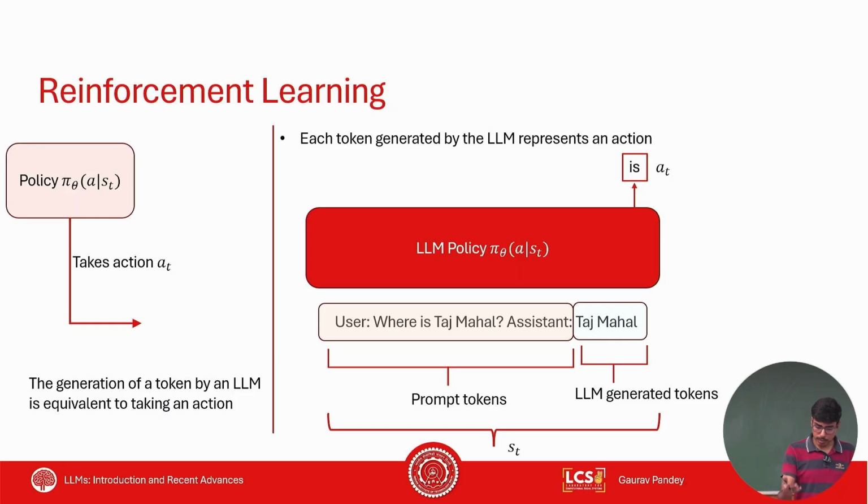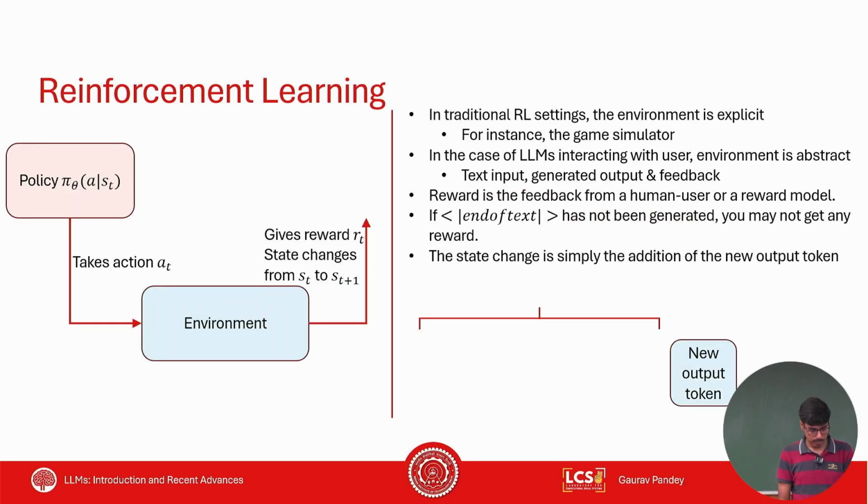You sample a token from the policy. Let's say the previous token was Taj Mahal, and the next token is the action taken here. This is pretty simple. I hope there is no confusion here.